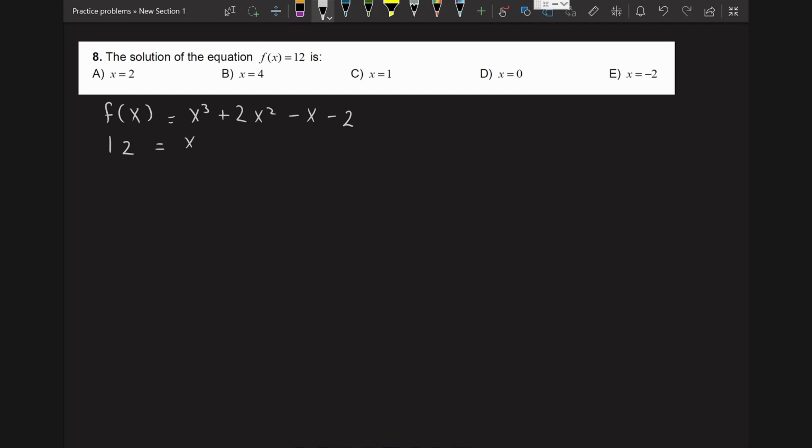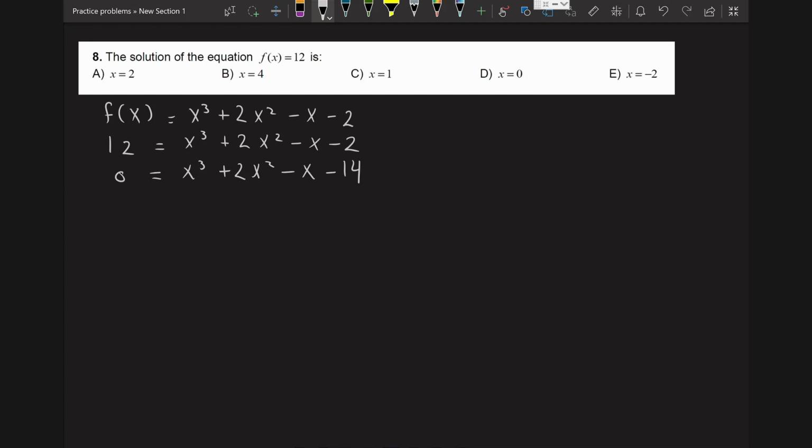So 12 is equal to x cubed plus 2x squared minus x minus 2. We move the 12 to the other side so we have a 0 on one side. That's going to equal x cubed plus 2x squared minus x minus 14. And we wouldn't need to fully factor it because we were not asked for all the factors.